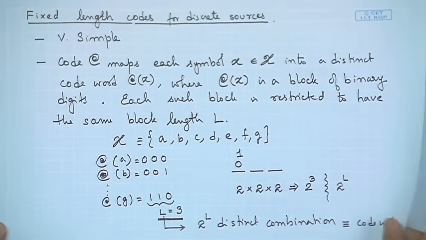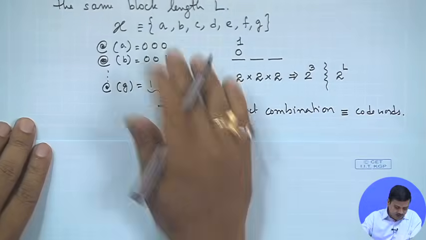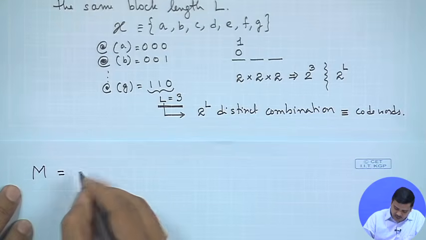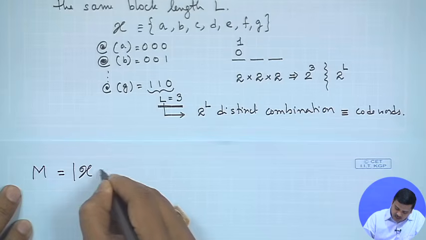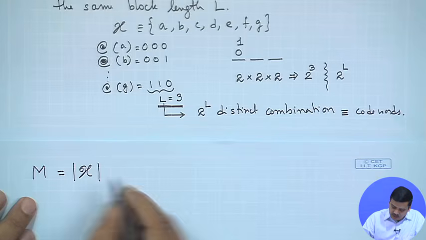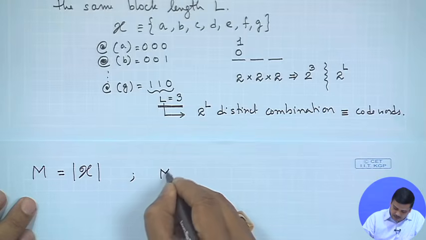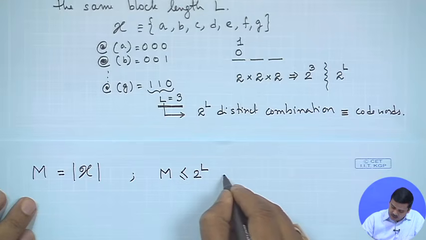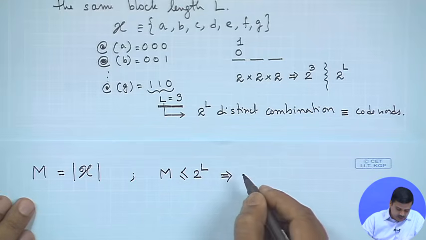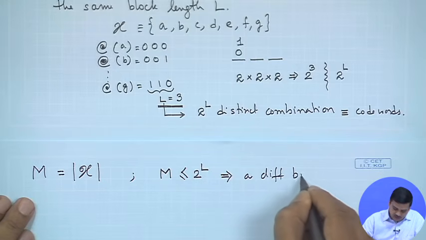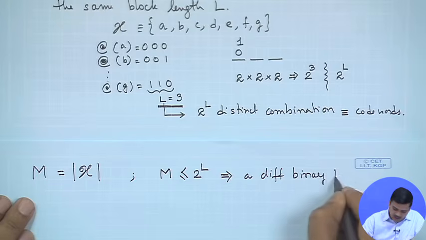And if our set X has m elements in it, which we would identify as the cardinality of X, meaning the number of elements in it, then if m is less than or equal to 2 to the power of L, a distinct binary L tuple may be assigned to each symbol.